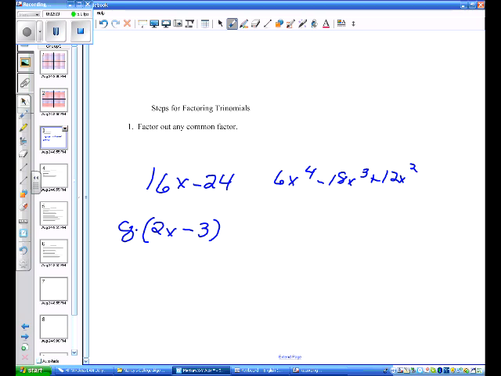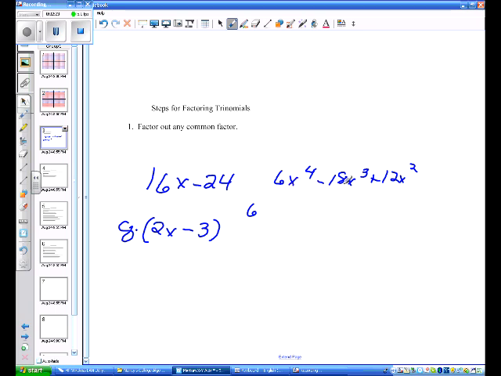We're going to start with our coefficients, because in this case we had variables in every term, so we're going to be able to factor out a variable also. We'll start with the coefficients 6, 18, and 12, and think of the largest number that would divide all of those. That would be 6. So 6 is going to be our common factor.